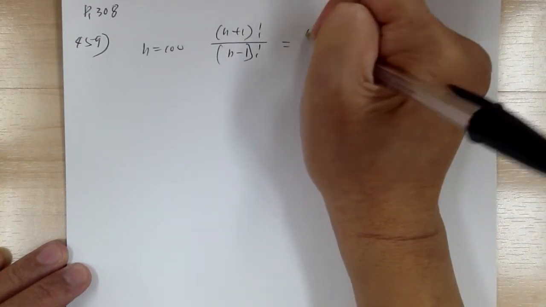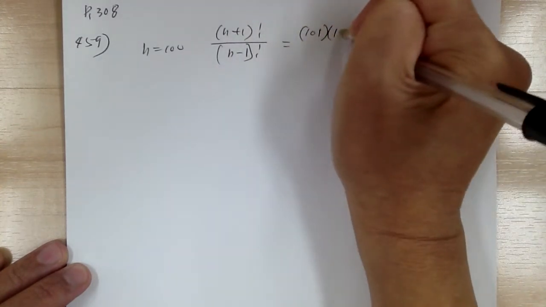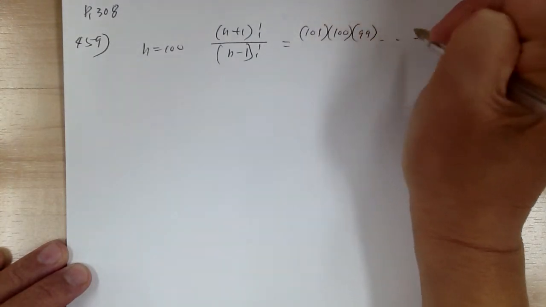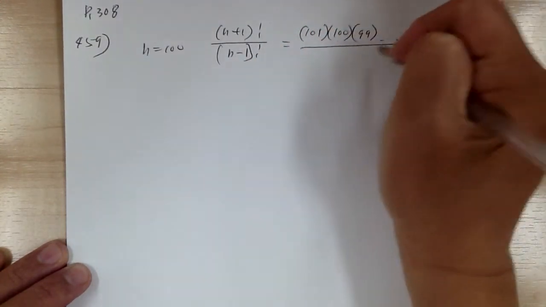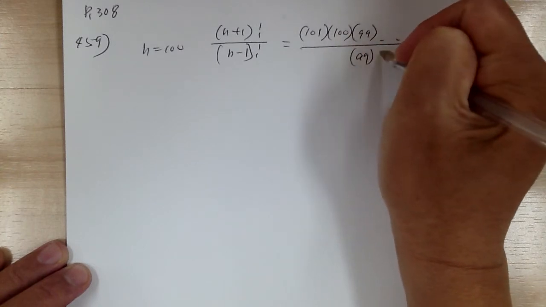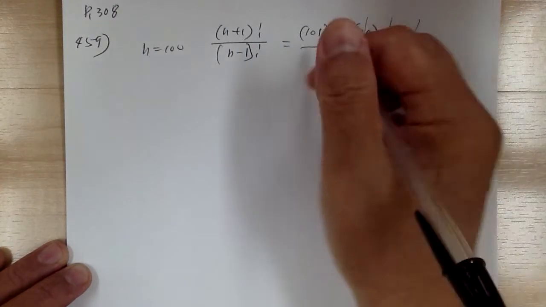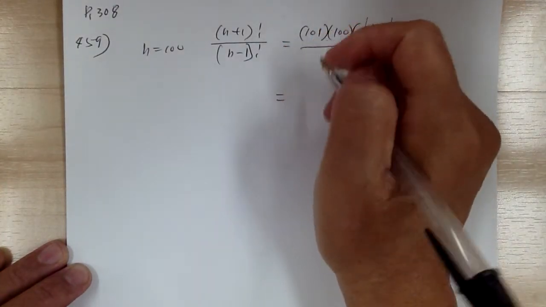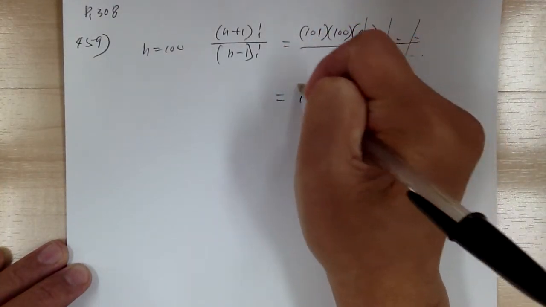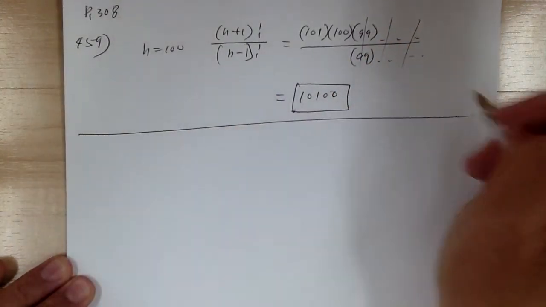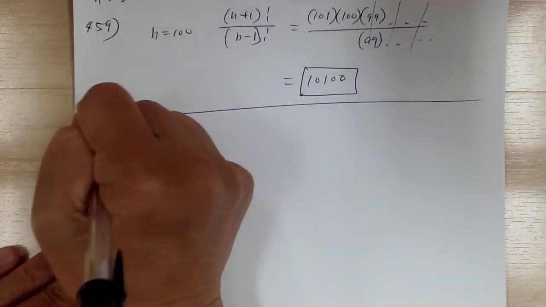So this would be 101 times 100 times 99 and so on. Now n minus 1 would be 99 and so on. So all this will get cancelled out, and this will just equal 10100.